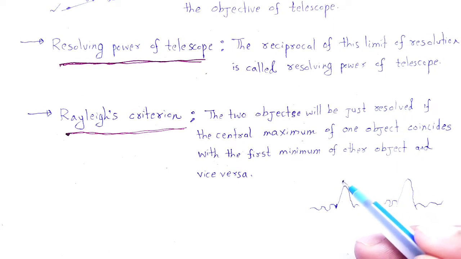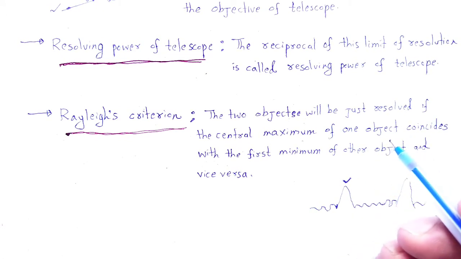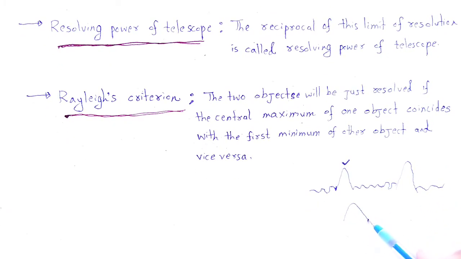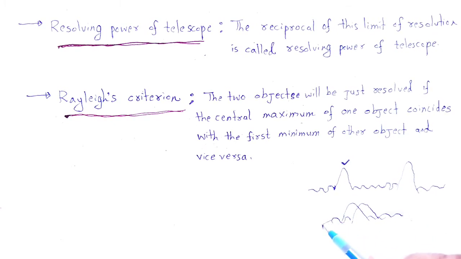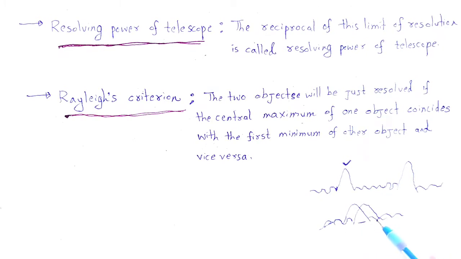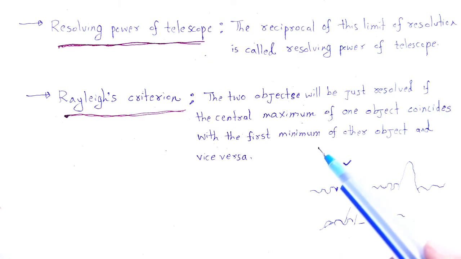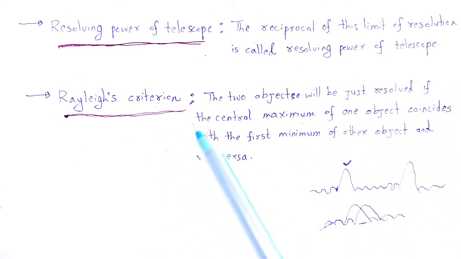If the central maxima of one coincides with the first minima of the other, then we can easily distinguish the two objects when they are at infinity. That will be Rayleigh's criterion.